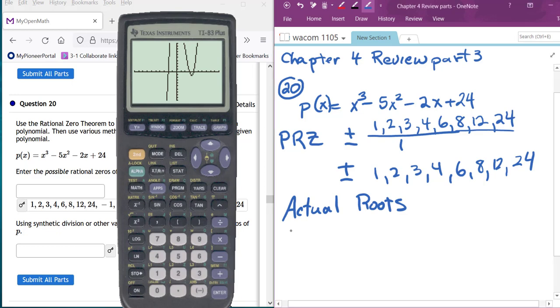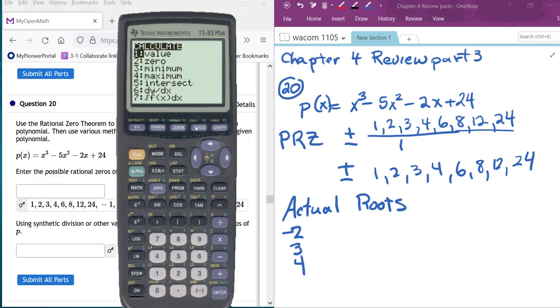So -2, 3, and 4. And the way I'm going to double check is I'm going to do second calc value. So second calc value, choice number 1, and I'm going to enter those, and I should get y equals 0 to go with it, and then it would be an x-intercept. So we'll do it for each one.